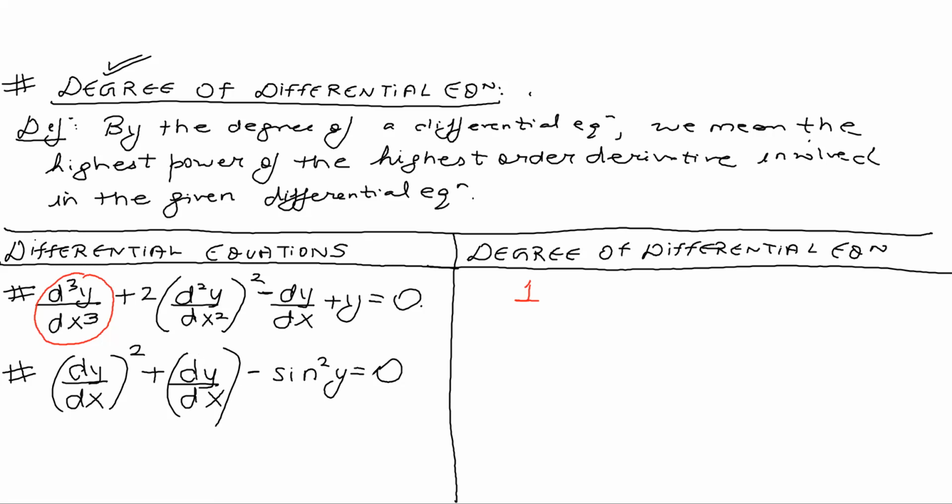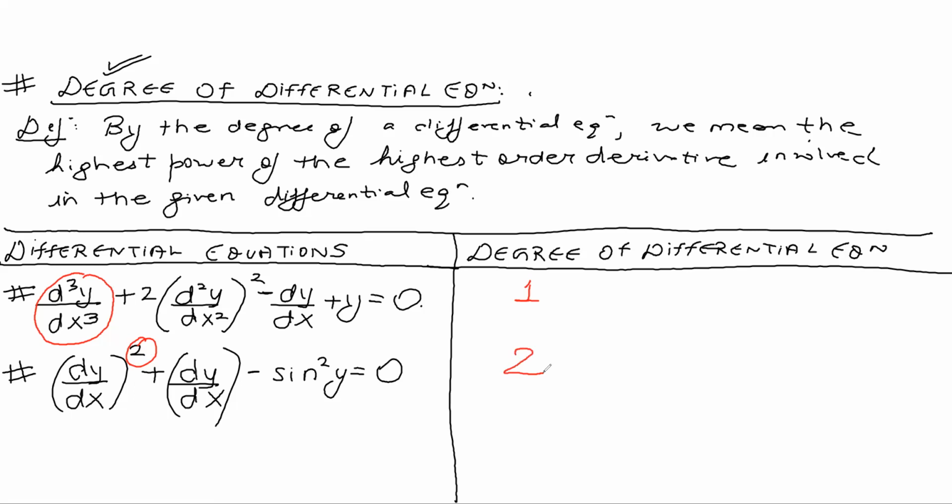So you can find the degree. Now, how do you find the degree? Look at the highest order derivative. Highest order derivative is dy by dx. Now, what is the highest power of dy by dx? Highest power of dy by dx here is 2, because dy by dx is raised to the power 2. So the degree of this differential equation is 2.